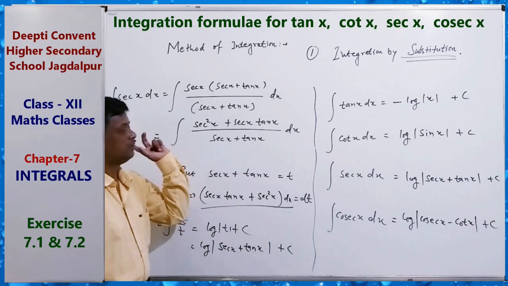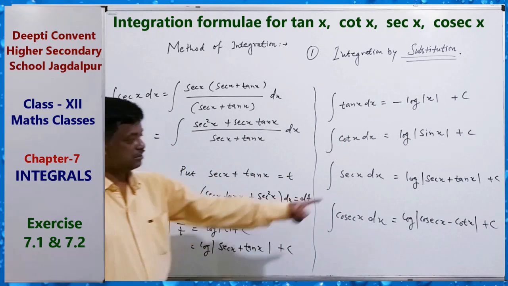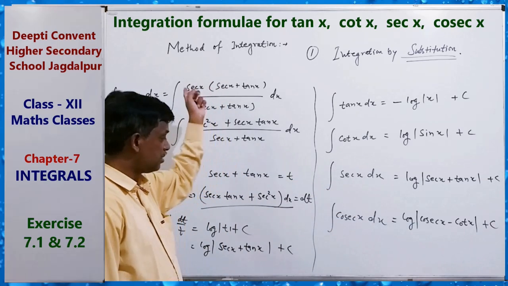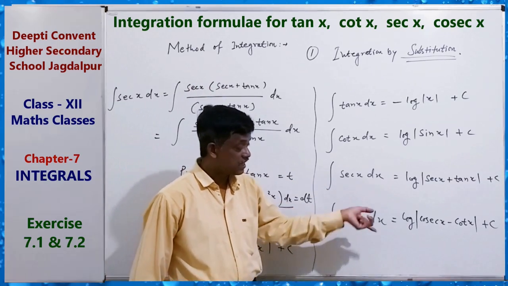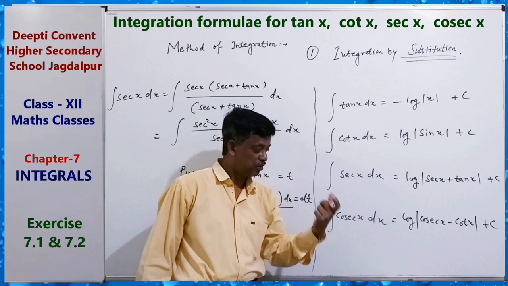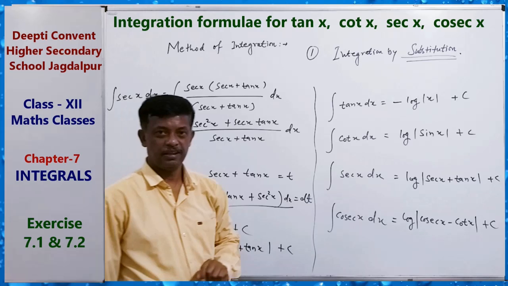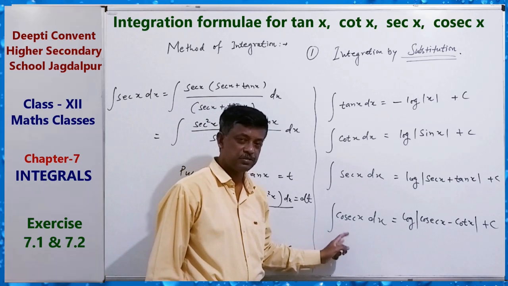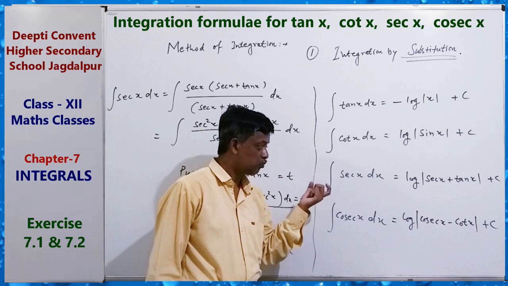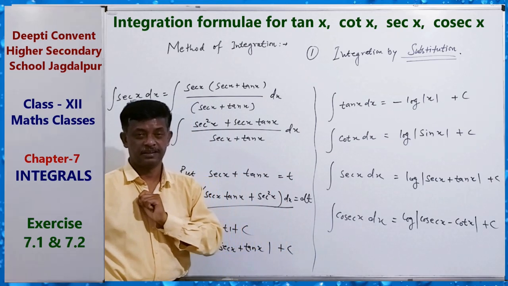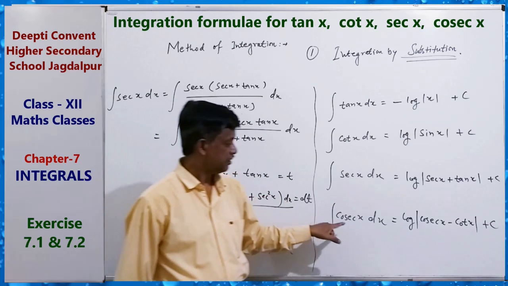Just try to get this value. We have to multiply numerator and denominator by cosec x plus cot x and put denominator cosec x plus cot x equals to t. Then we can get in terms of cosec x, log of cosec x plus cot x, 1 by.